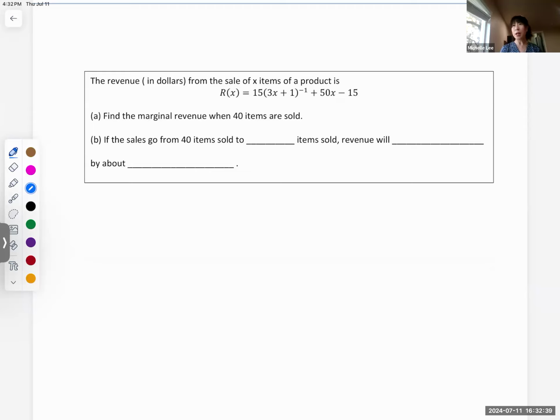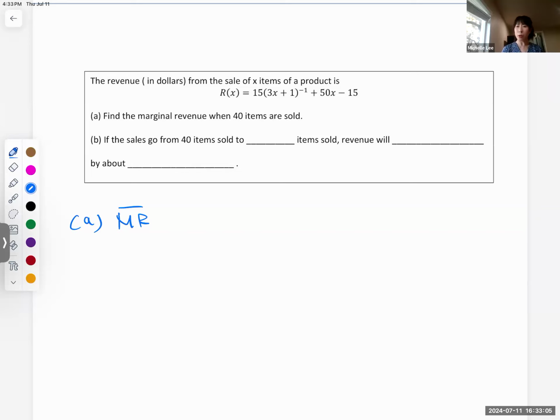First one, find the marginal revenue when 40 items are sold. So we did it yesterday, right? What is marginal revenue, right? So marginal revenue, we denote with MR, the first letter M and first letter R from revenue.